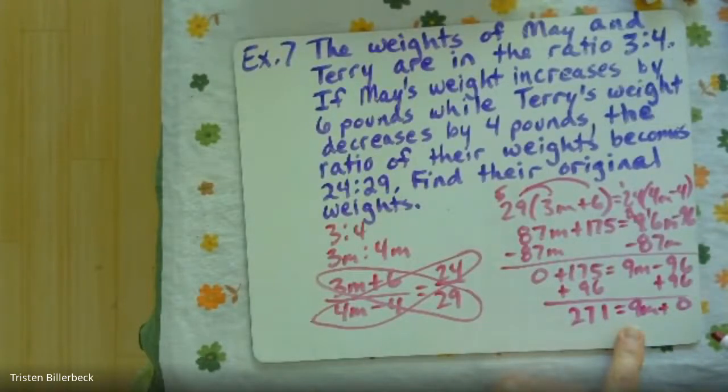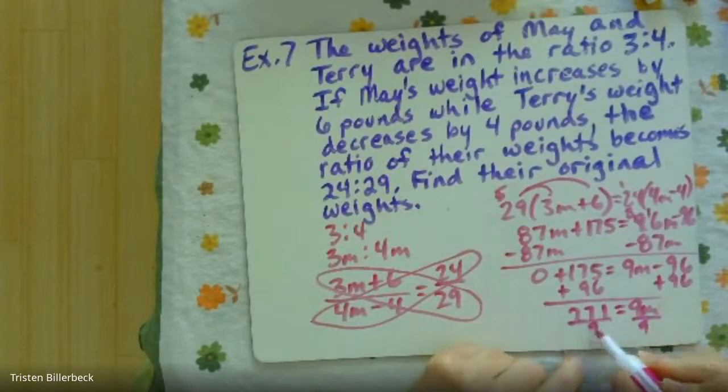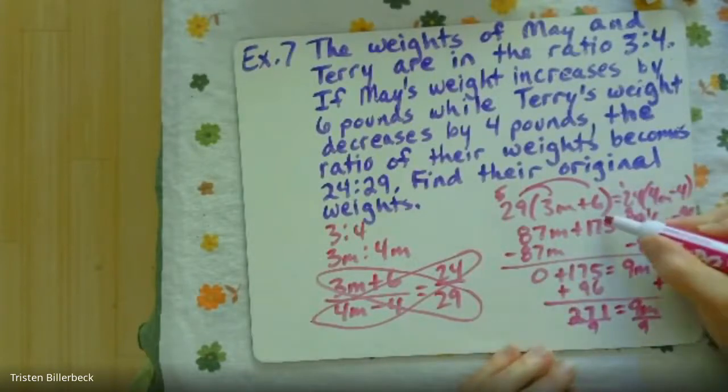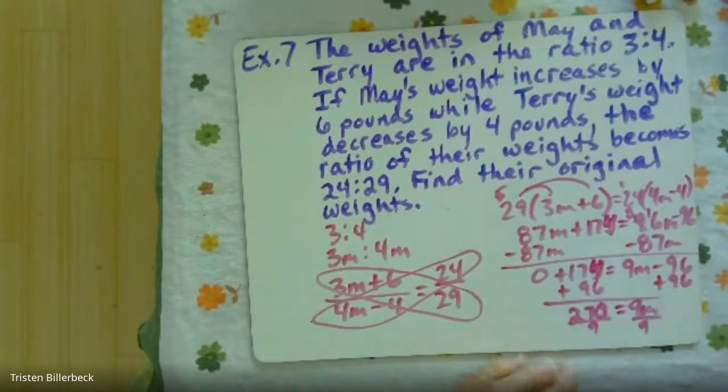Now we have m here, so we don't really need this here, so we can divide by 9. Oh, that's a 4, something's not right. There we go, so 270 there, now it's all better.